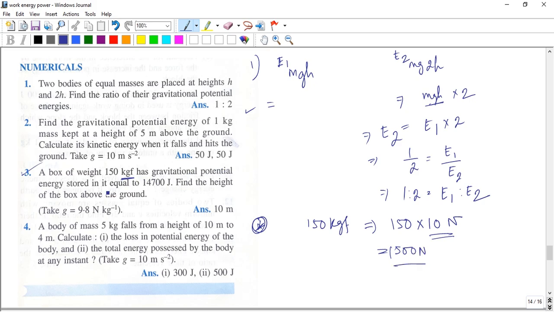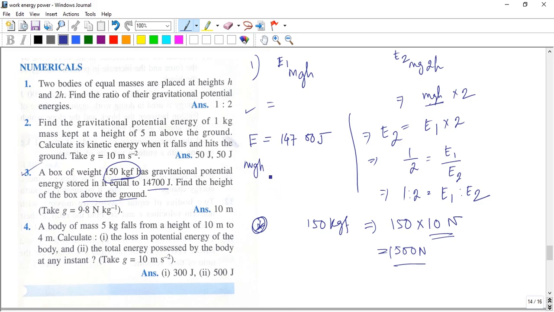The gravitational potential energy stored in this box is 14700 joule. Find the height of the box above the ground. Easy problem. Suppose the box weighs this much. The potential energy is mgh.